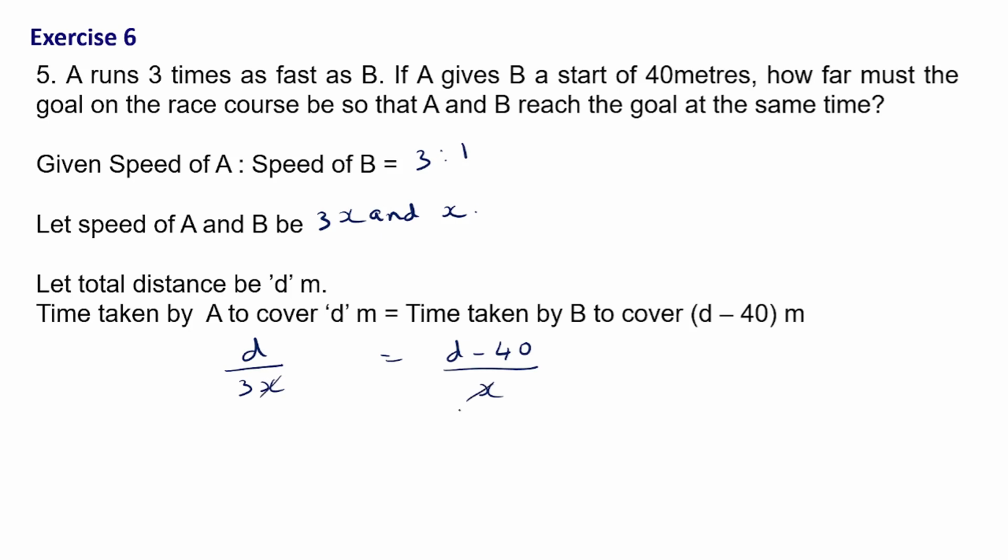From this we can find d. d equals 3d minus 120, or 120 equals 2d. Therefore, d is 120 by 2, which is 60 meters. So the length of the race course is 60 meters.